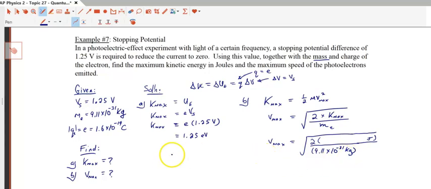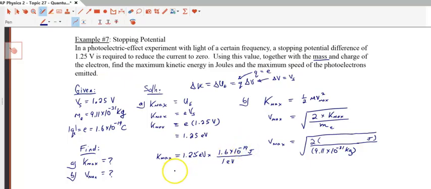Maybe I'll just do this on the side. We need to calculate what this energy is in joules, so we have to convert from electron volts to joules. If you recall, in 1 electron volt there is 1.6 times 10 to the power of negative 19 joules.